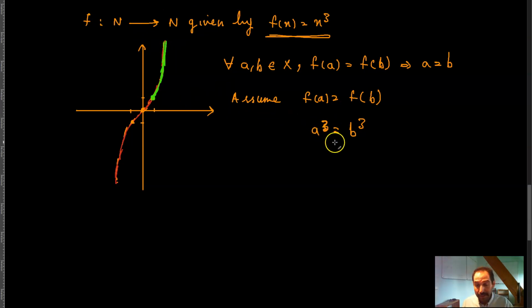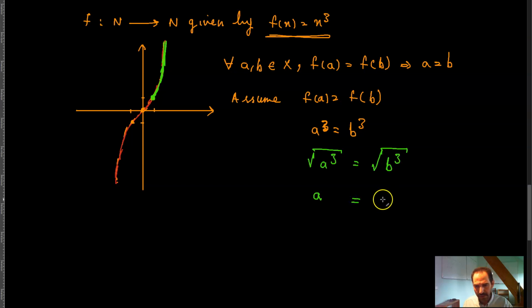So what that means is that if I'm working with the set of natural numbers, then if I take the cube root of a cubed, and the cube root of b cubed, the cube root of a cubed is going to be equal to a. So then negative a is not a part of the cube root of a cubed, because a was not negative in the first place.